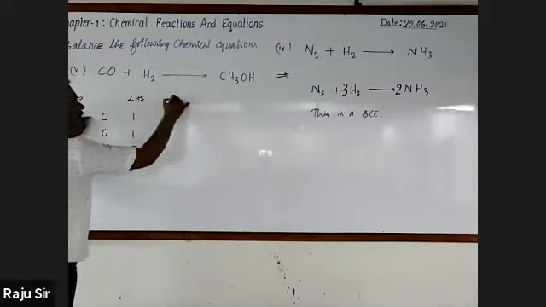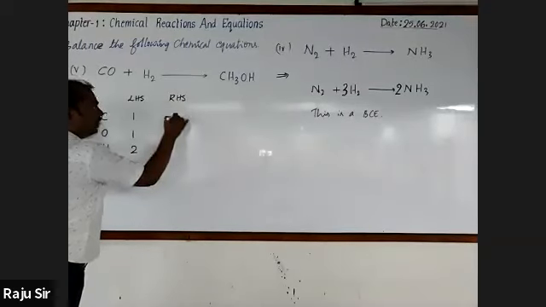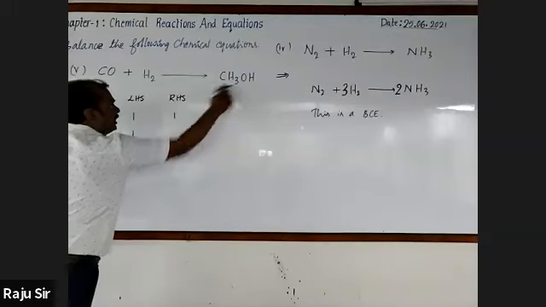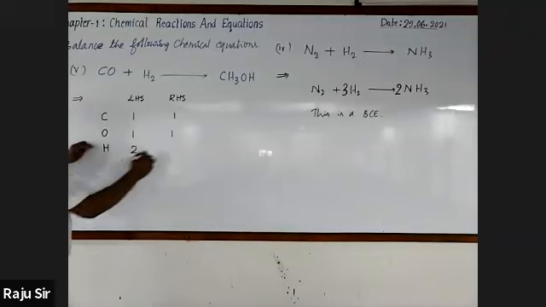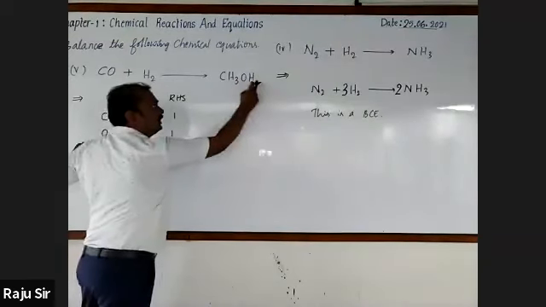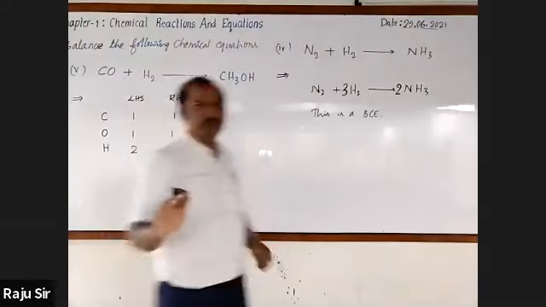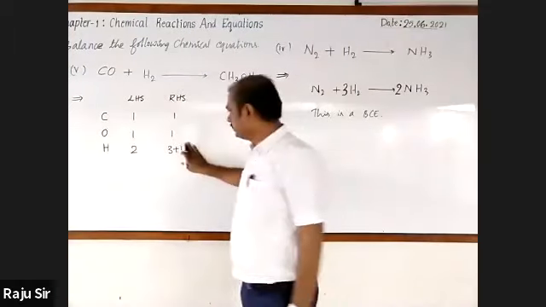Then on the product side, carbon has 1 atom, oxygen has 1 atom, whereas hydrogen has 4 atoms. Here 3, here 1. 3 plus 1 is nothing but 4.